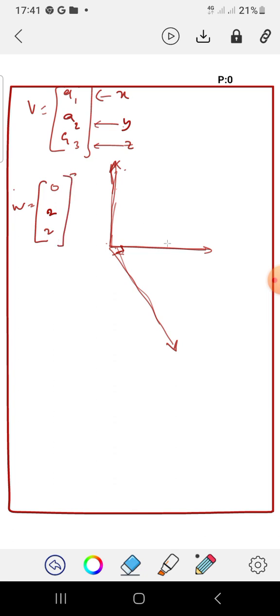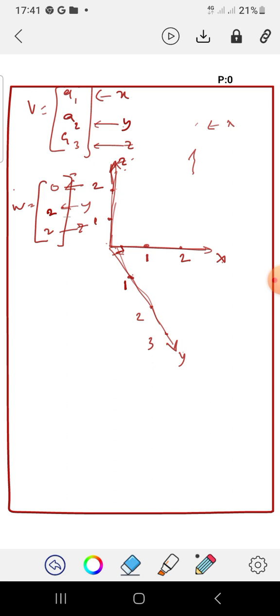Here, 1, 2, that's on the x-axis. 1, 2, 3, that's on the y-axis. And 1, 2, that's on the z-axis. This is the x, this is the y, and this is the z. So you put the x first where it is.